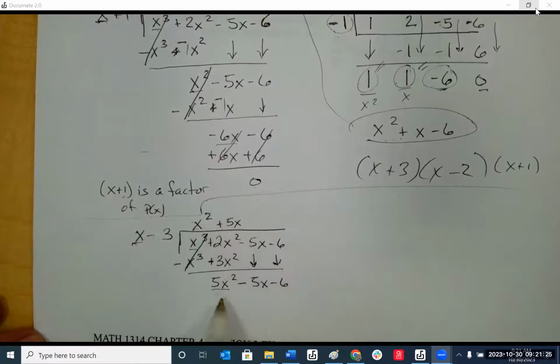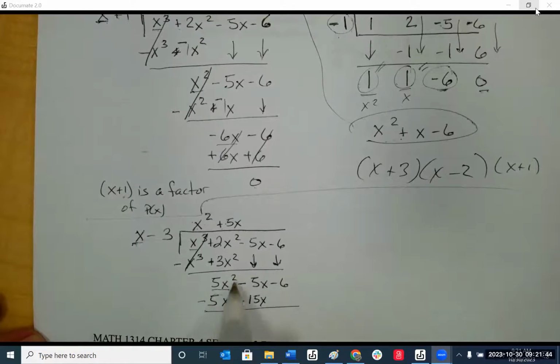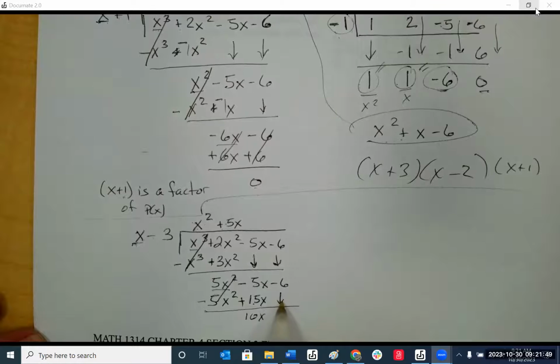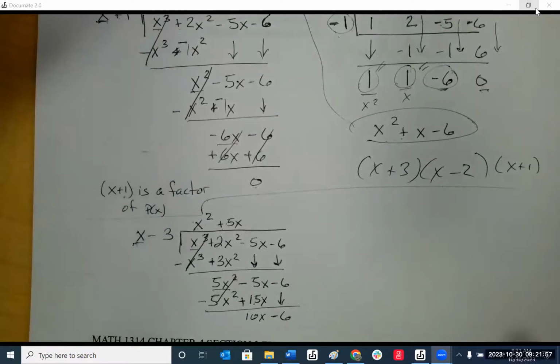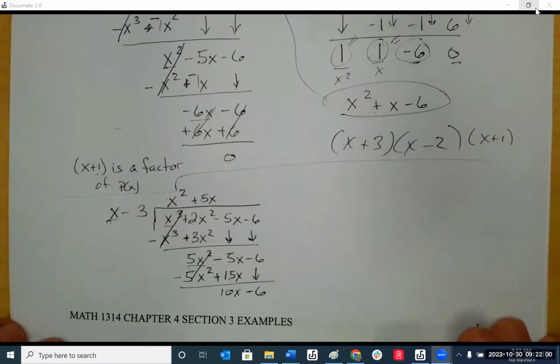Positive is positive. 5 times 1 is 5. X times x is x squared. Positive times negative is negative. 5 times 3 is 15x. Change the signs and add. 15 minus 5 is 10x. What times x gives me 10x?